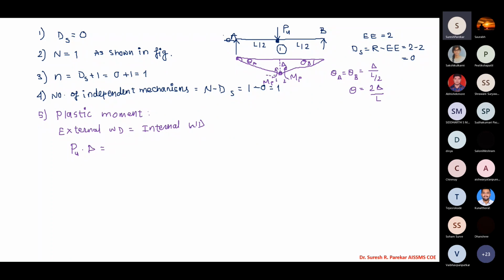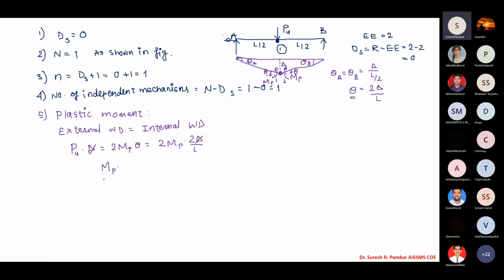So MP into this theta and MP into this theta. Because theta A equal to theta B, that is equal to theta. So we have 2 MP into theta. And 2 MP into theta is 2 delta by L. And this delta gets cancelled. And we have MP is equal to Pu into L upon 4.